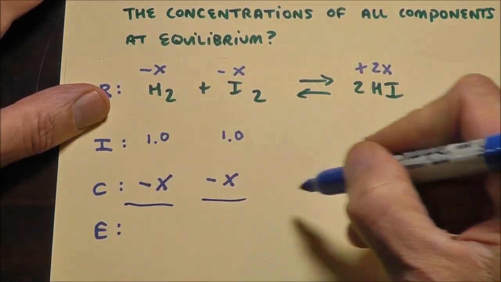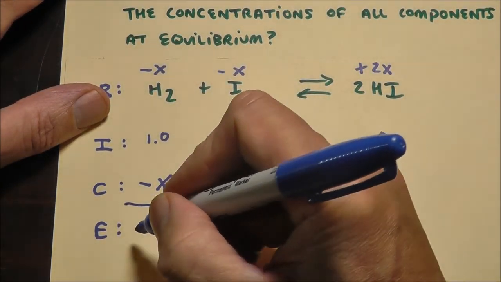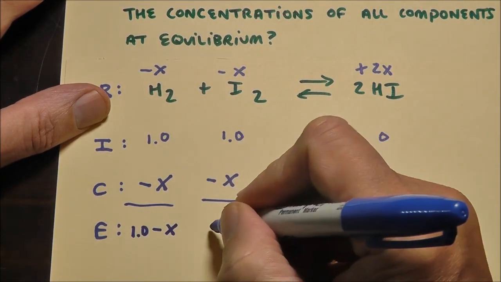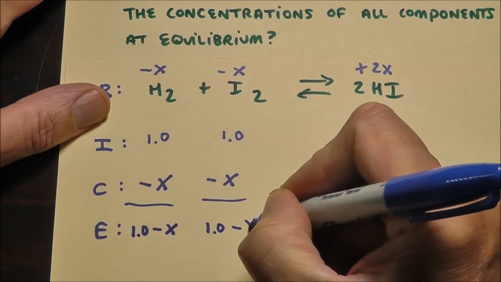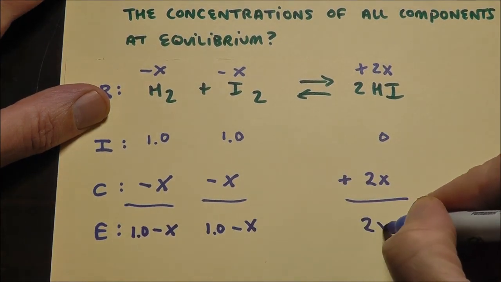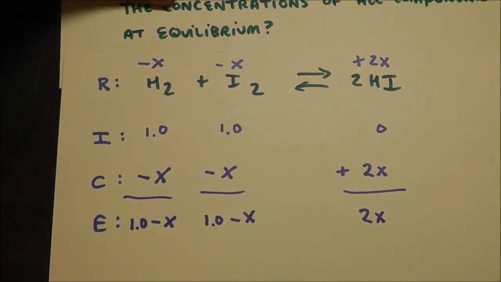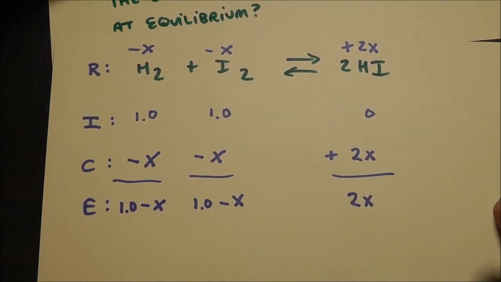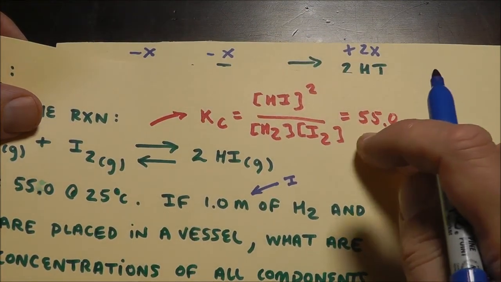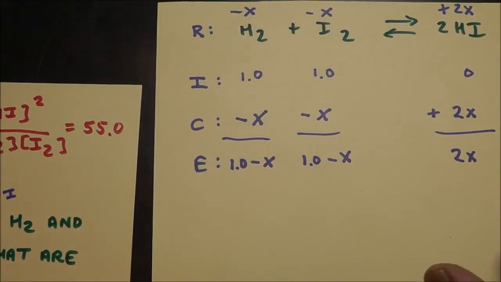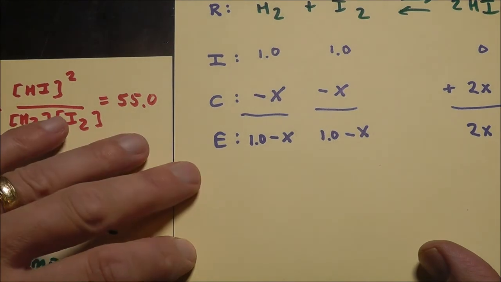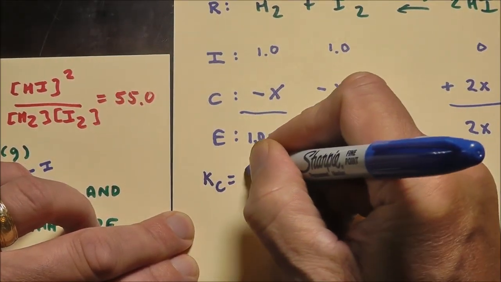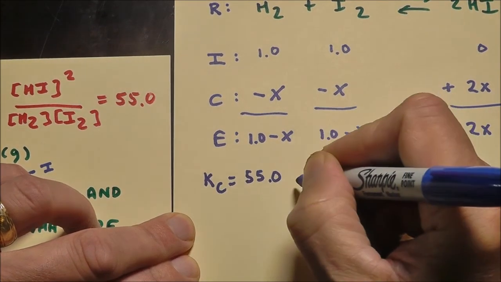So at equilibrium, the concentration of H2 and I2 will be 1.0 minus X, 1.0 minus X, and 2X. 0 plus 2X is, now we've got ourselves an algebra problem. Because now I'm going to plug all that in to Kc. So Kc equals 55.0.